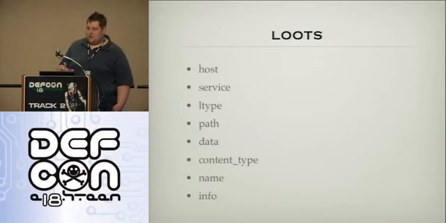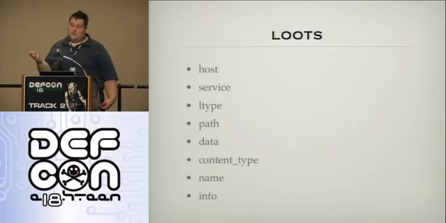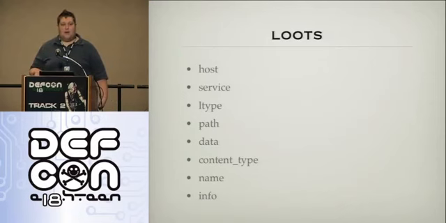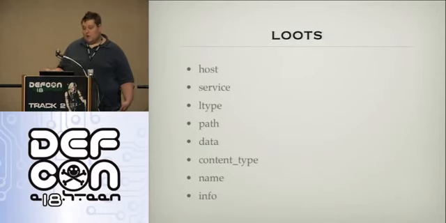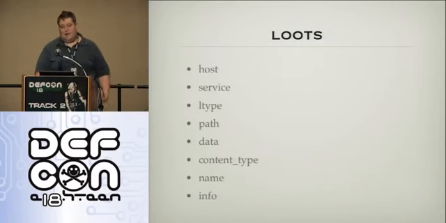So if you have a shared storage area that's secure where you put all of the goodies that you acquired, for instance, maybe cracked passwords and stuff like that, you put the path to that. The data has some extended information about what that information is. The content type says exactly what it is, and then you have a name just to keep track of it.